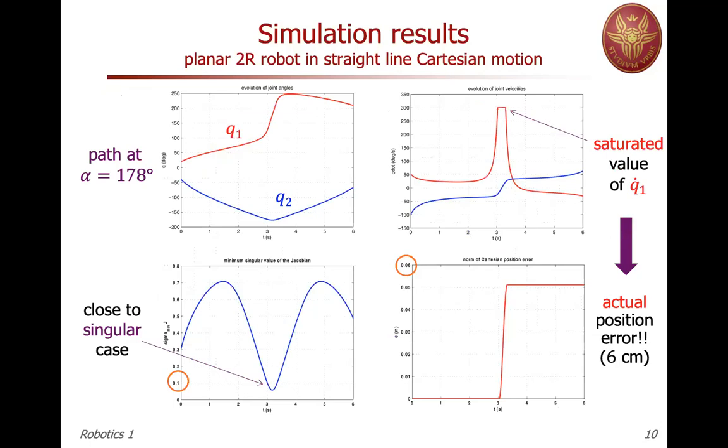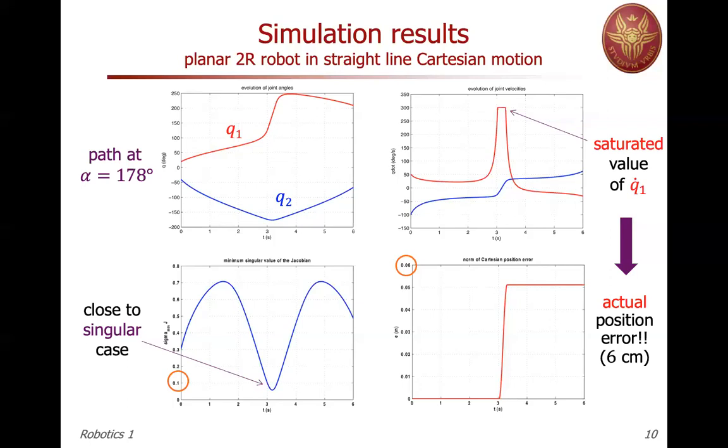But if we look at the plots, again, Q1 and Q2 have a similar profile, but here you see that you saturated the Q1 dot value for, say, 0.2, 0.3 seconds around the center, when it was going to the peak, and now has been saturated to the maximum value, 300 degrees per second.